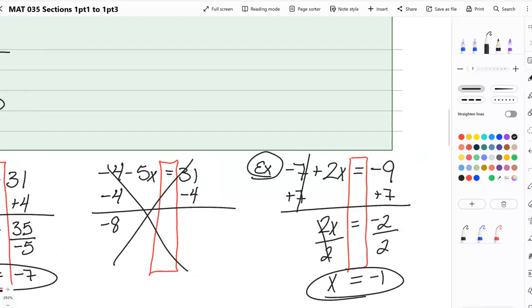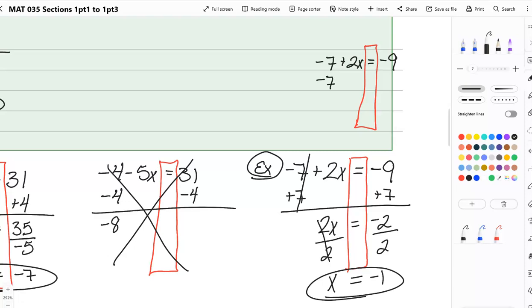Okay, again, you got to be careful because it would be really easy. Let's revisit that one. We have -7 plus 2x equal to -9. I draw my wall. It would be really easy to try to use the sign in front of the 2x instead of the sign in front of the 7 there. So what if we tried that?